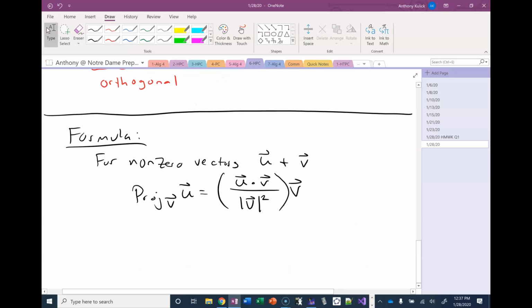So for non-zero vectors u and v, the projection of u onto v is the dot product of u and v divided by the magnitude of v squared, times the vector v.